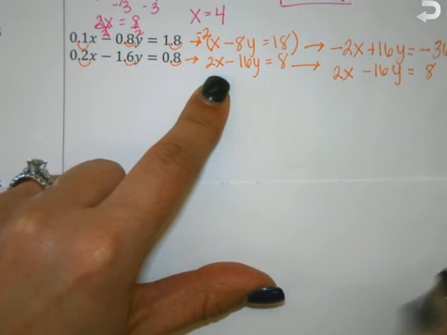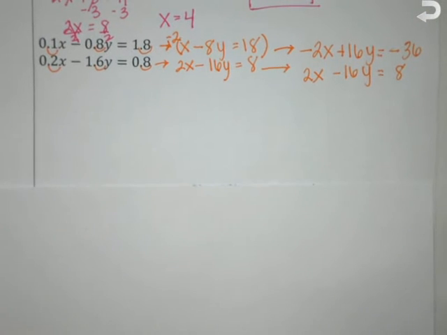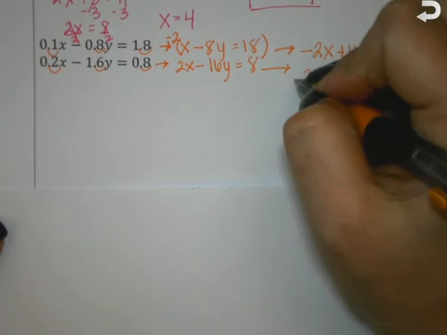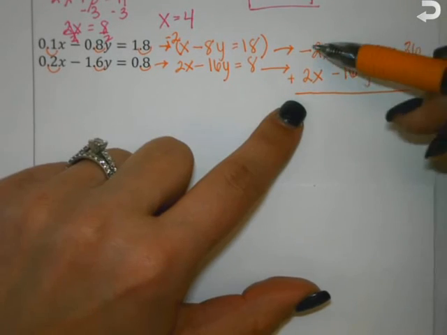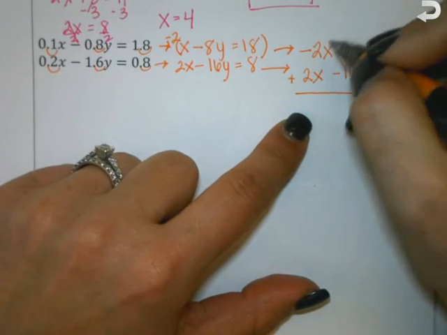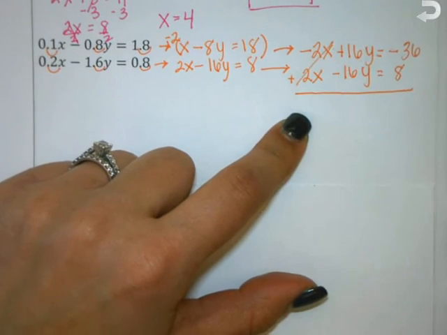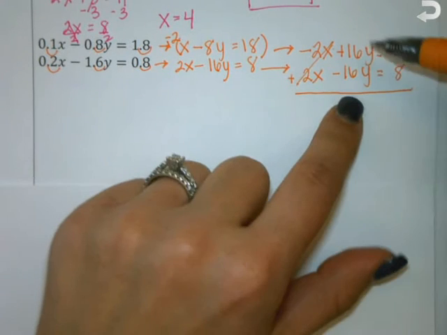Yeah, because we decided to eliminate the x's, we don't have to multiply the bottom one because we already get opposite coefficients. Okay? Yes, every variable always has a coefficient. Okay, guys, what's negative 2x plus 2x? 0. It eliminates, right? And what's 16y minus 16y?